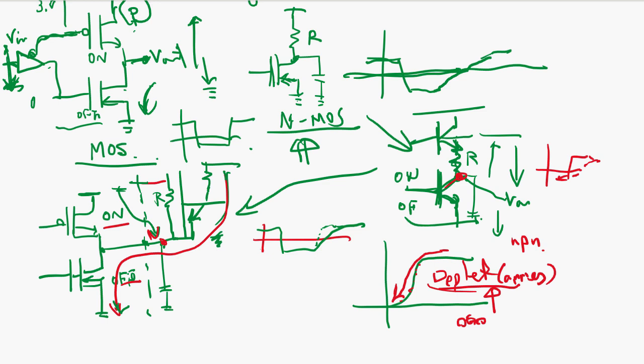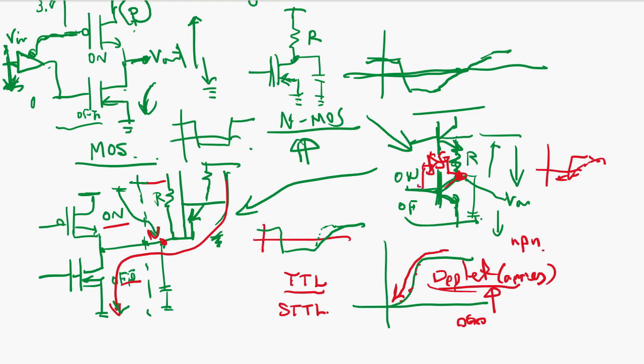So the first generation of bipolar logic, TTL, was very slow in the rise time, and they made an improvement, Schottky TTL. What Schottky TTL is, they put a forward Schottky diode from base to here.